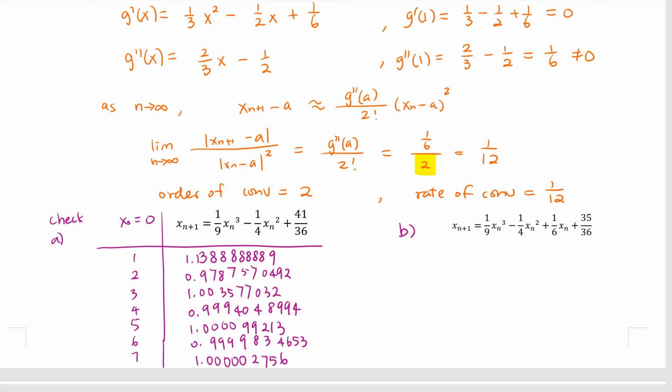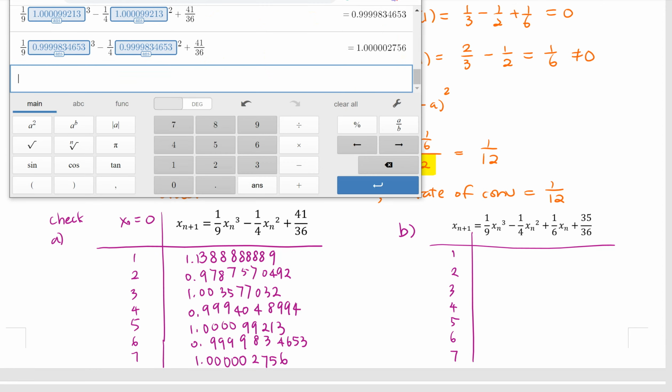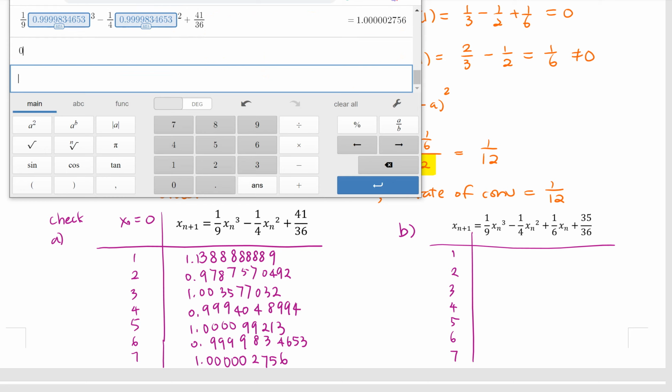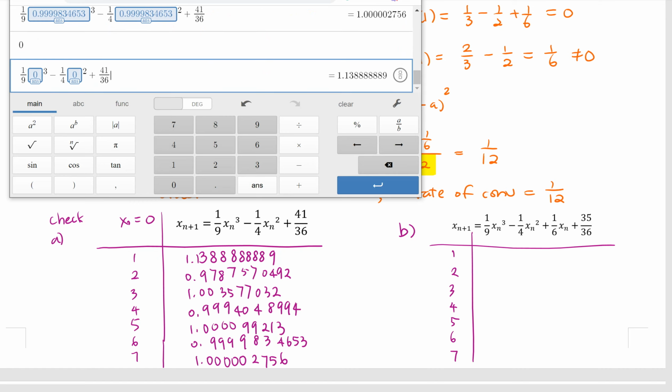Let's look at the other one, right? Oh, x0 is also 0. How do we calculate? We also need to input 0. And then we have our formula. Actually, our formula is very similar to what we had before, but we have an insert. Here is plus 1/6 times the answer.